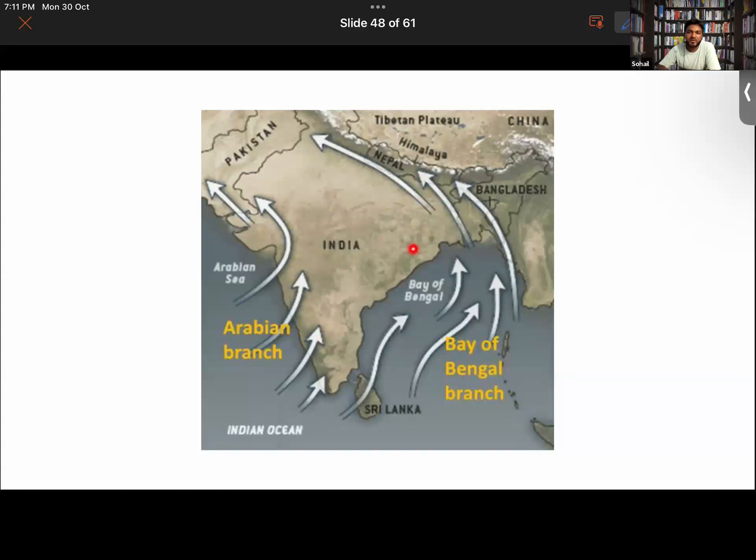Land heats up faster, especially the northern plains of India. Where does the Himalayas lie? Here it is.